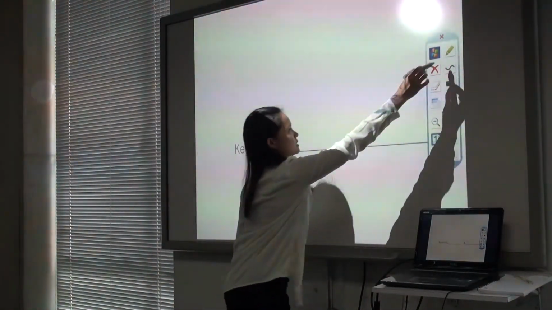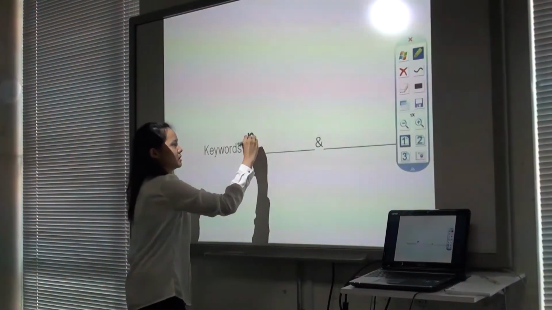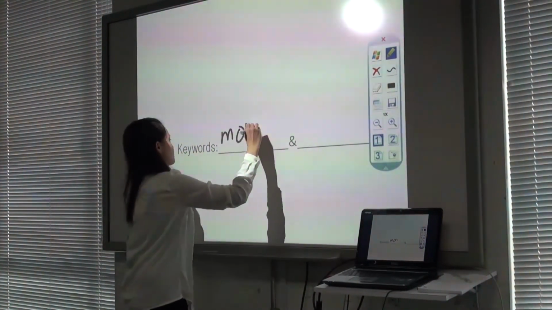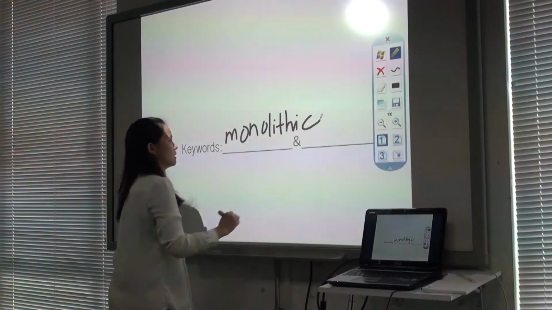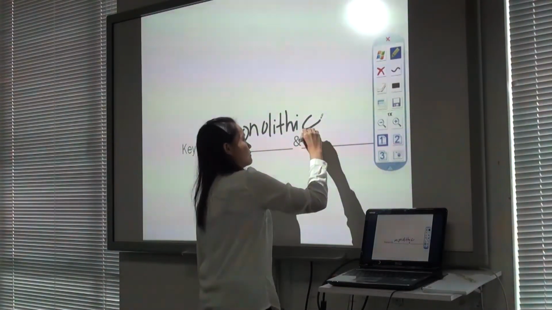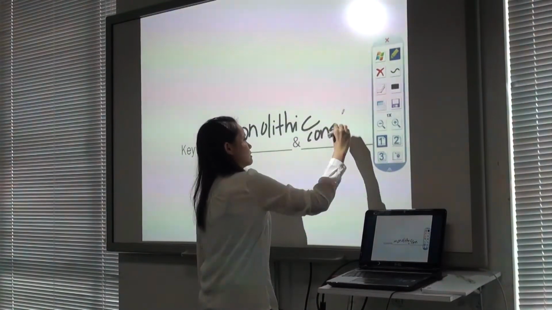So the keyword here is actuality. Actually, the materials are quite monolithic, and a very constant kind of material.